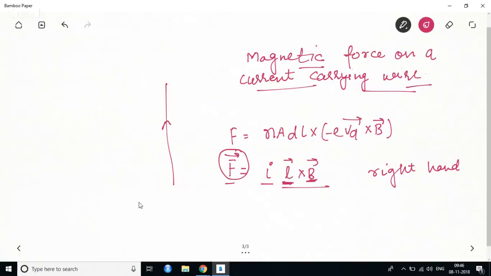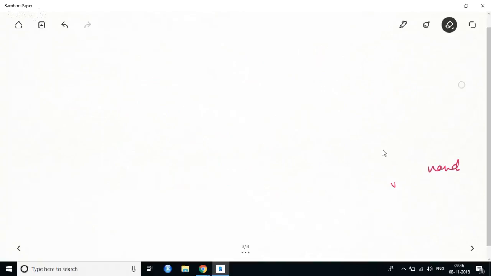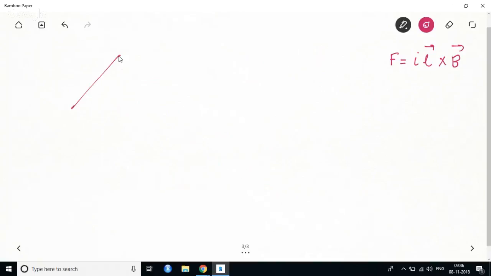So on this particular concept, I'm trying to give you a question. All of you just try to solve the question. I'll just write the formula here in the corner. F is equal to I L vector into B vector. So I am making a triangle.